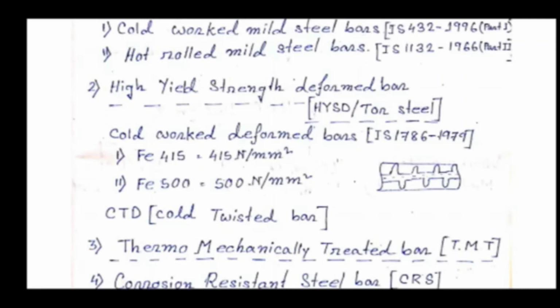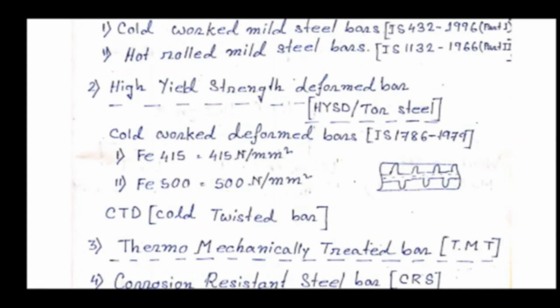First one is cold work deformed bars from IS 1786 1979. There are mainly two grades of these bars: Fe 415, that means the yield strength of that bar is 415 Newton per millimeter square or MPa, and Fe 500. That means yield strength is 500 Newton per millimeter square.